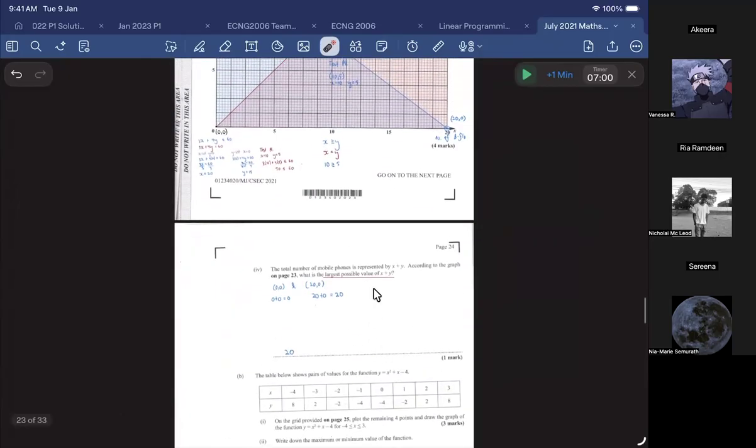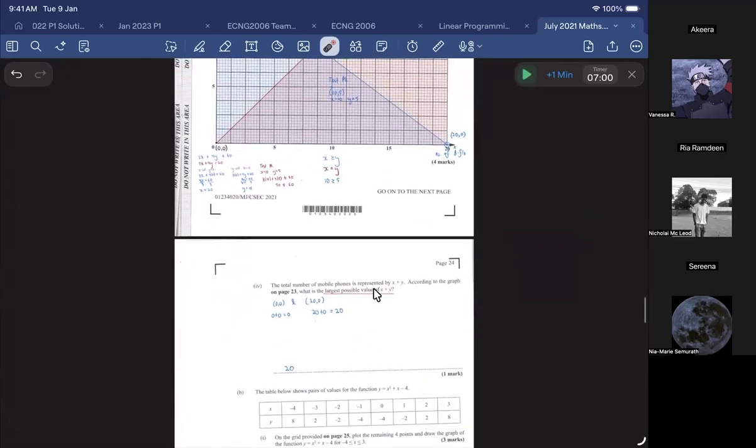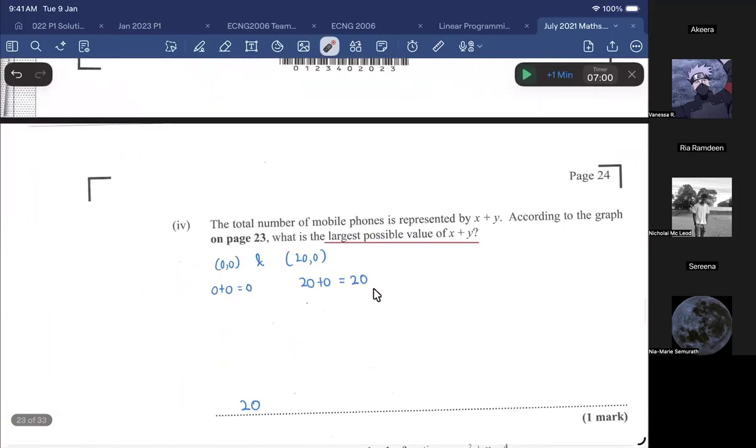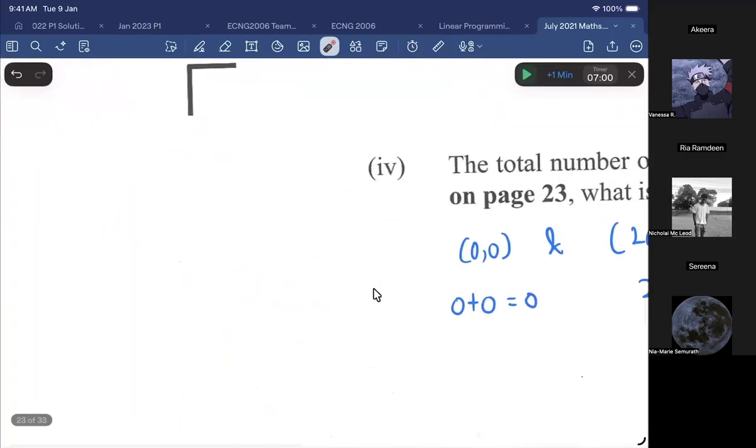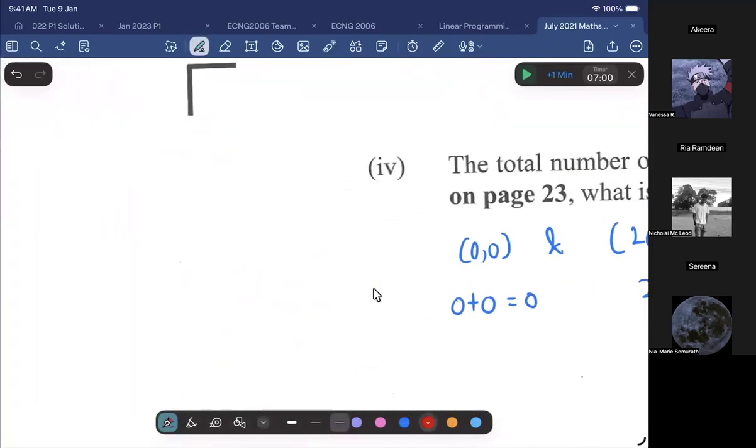So before I wrap up, let's just run through how to do a linear programming question systematically. Then I'll leave you guys, because I have the Form 5 class starting just now. First things first, with these linear programming questions, they're going to give you a scenario, and you need to interpret what they're saying in English and write an inequality for it.